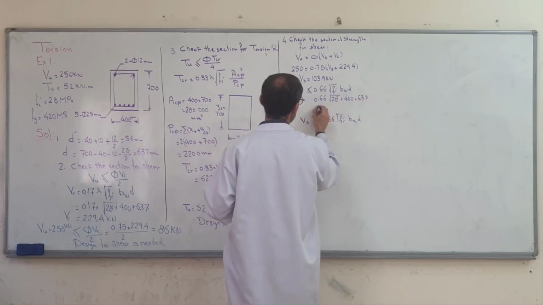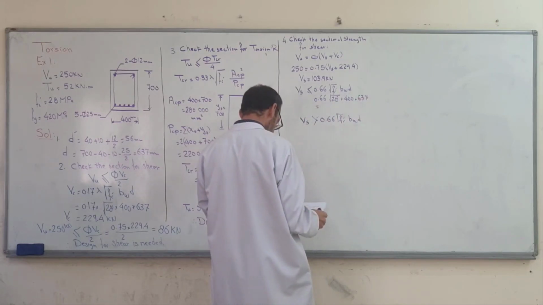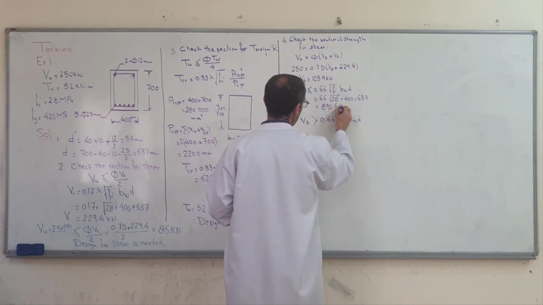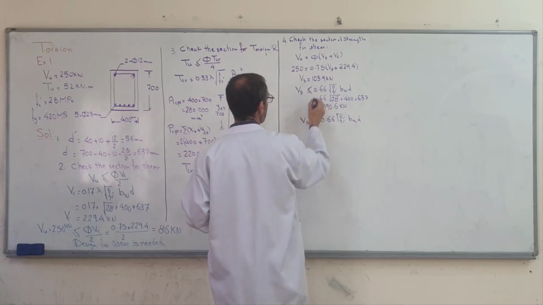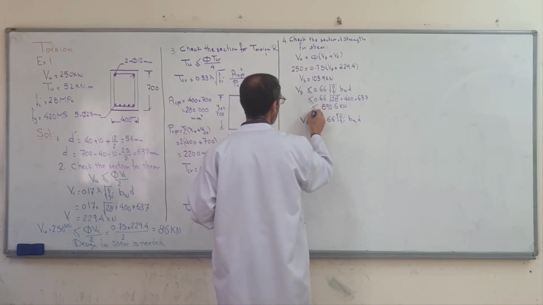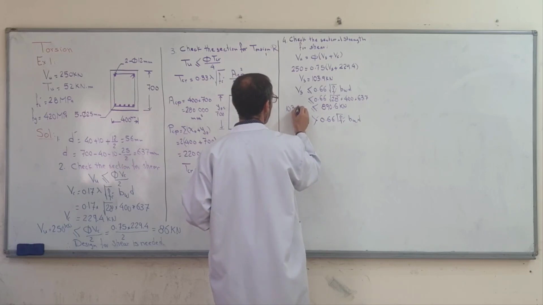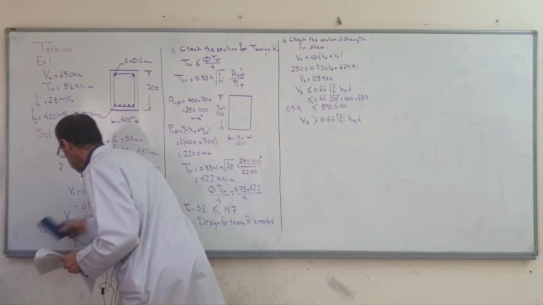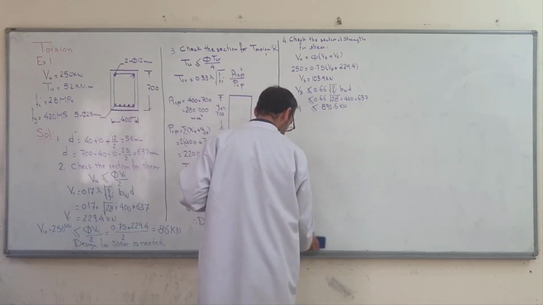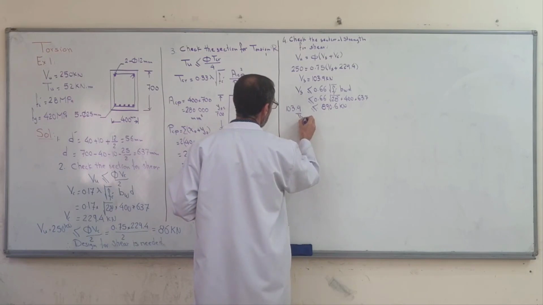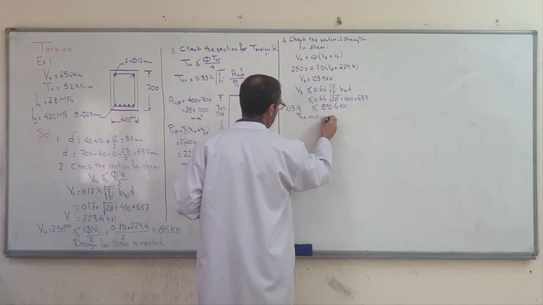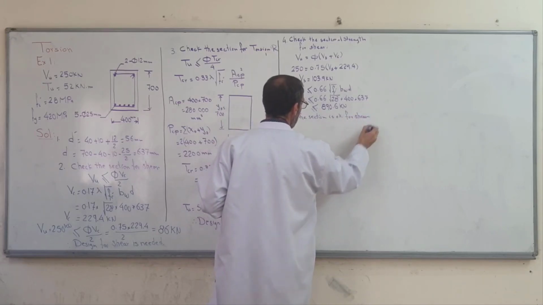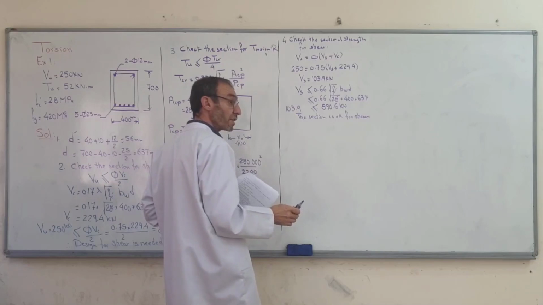So you have this value in kilonewtons, and Vs is less than this. Therefore this is true, and the section is okay for shear. Now I check the section for torsion, shear and torsion at the same time.